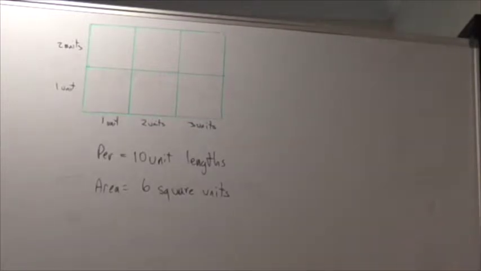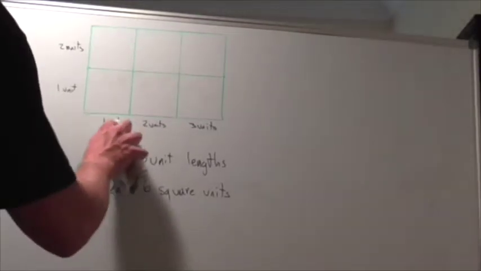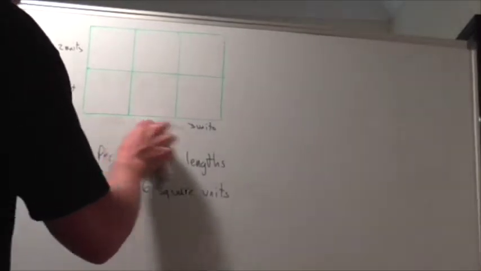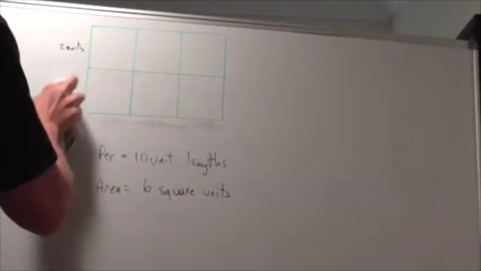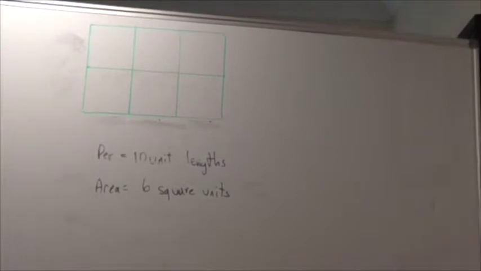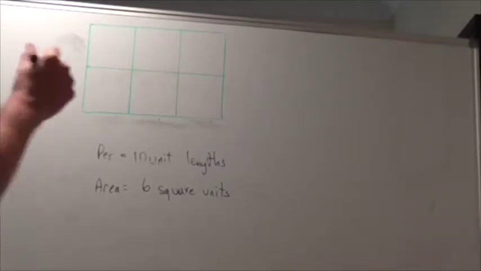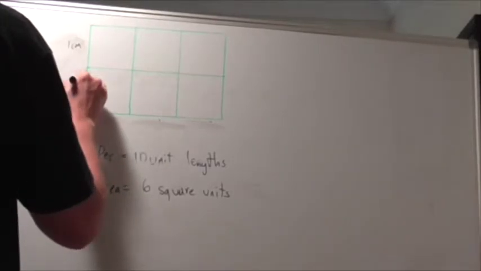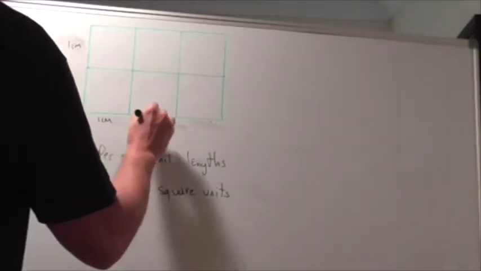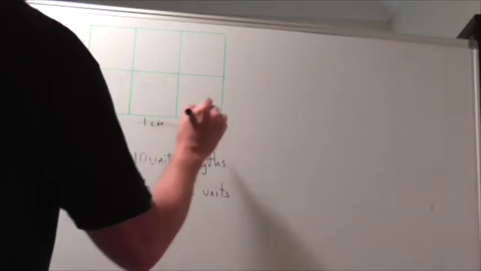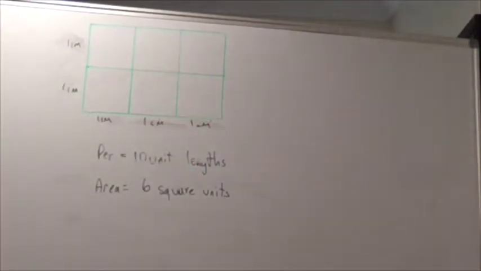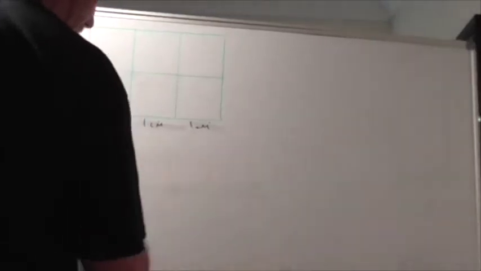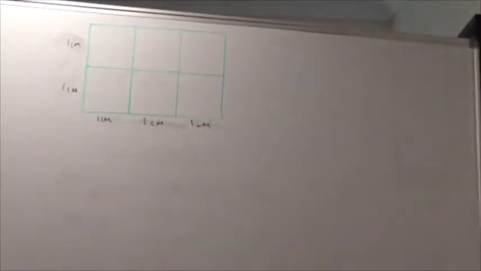So now we're going to associate these units with a value, a measurement. So we're going to call this 1 centimetre, 1 centimetre, 1 centimetre, 1 centimetre, and so on. So now that changes everything, because now what you're talking about is an actual unit of measurement.